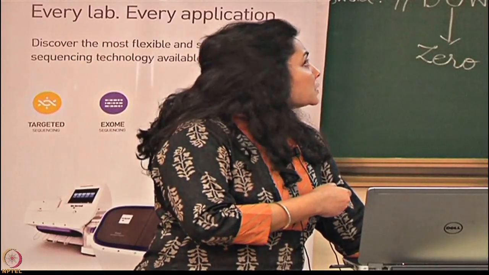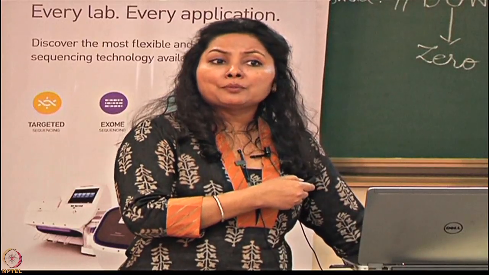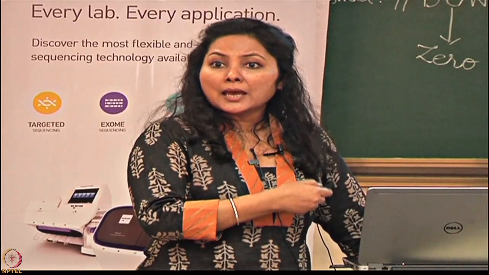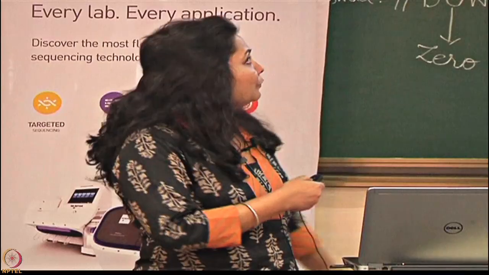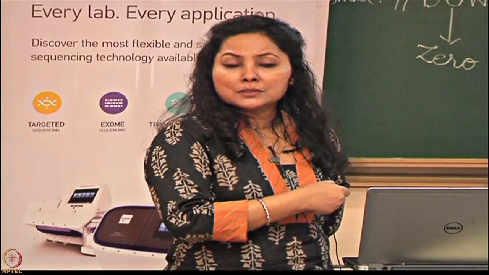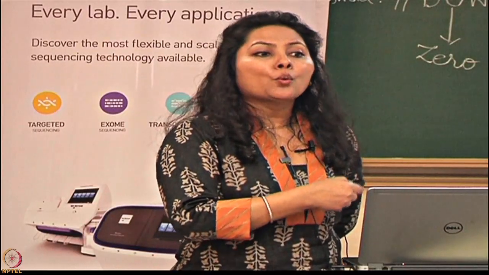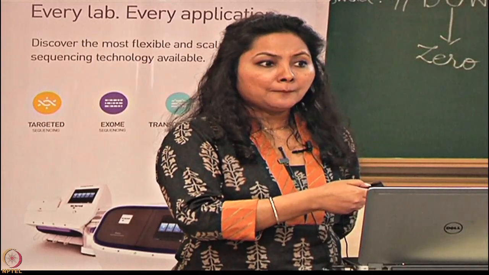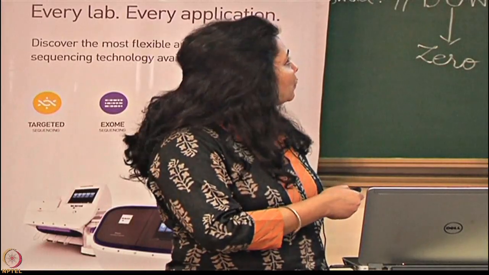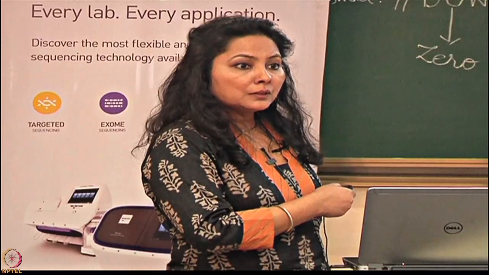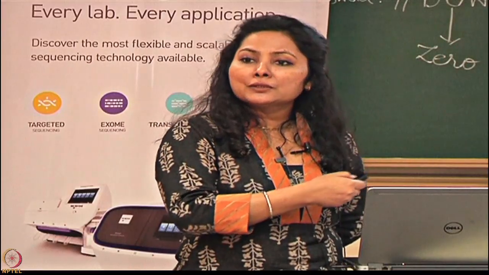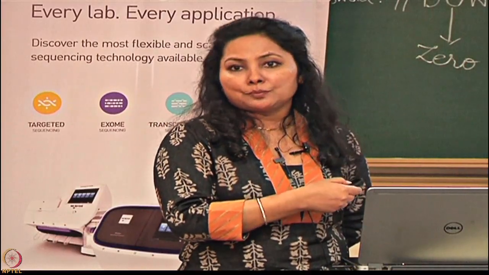Now when we said that library preparation is all about enrichment of the targets and ligating adapters, when we are ligating these adapters, you are using barcoded adapters to differentiate one sample from another. Now this barcode is a 10 base pair unique sequence which is present in the adapter, which will finally help you to differentiate between different kinds of samples which you are loading on one chip.